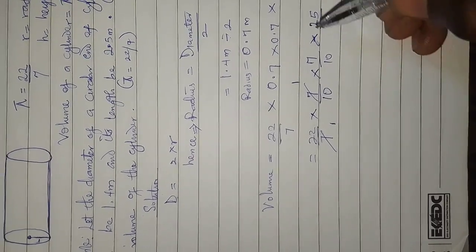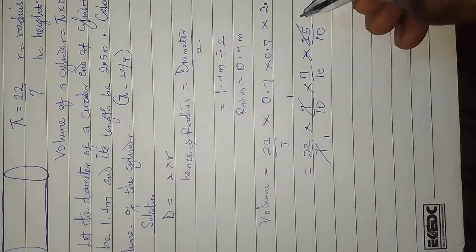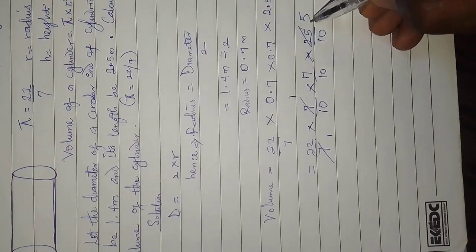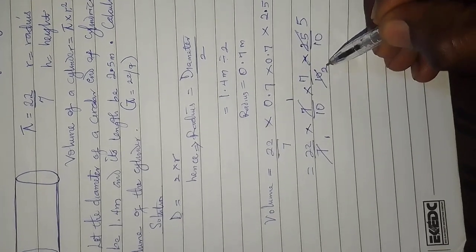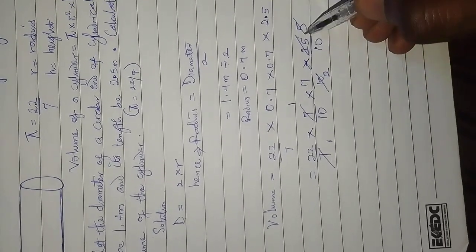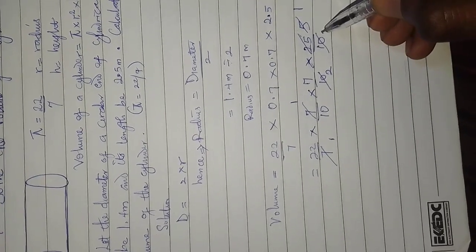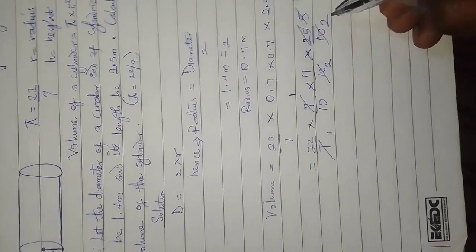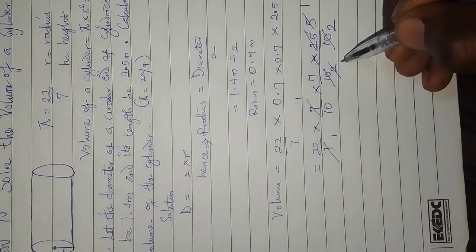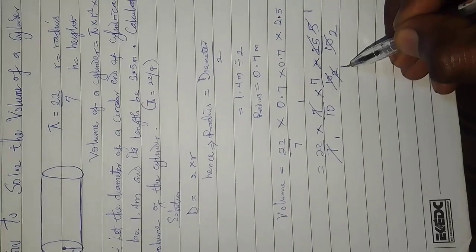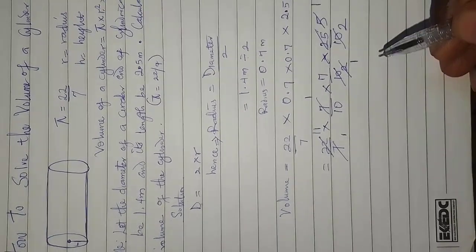We can still break this into smaller bits. 5 can divide 25 to give us 5. 5 can divide 10 to give us 2. 5 can divide itself to give us 1. 5 can divide 10 to give us 2. I think we can still divide this further. 2 can divide itself to give us 1, and 2 can divide 22 to give us 11.